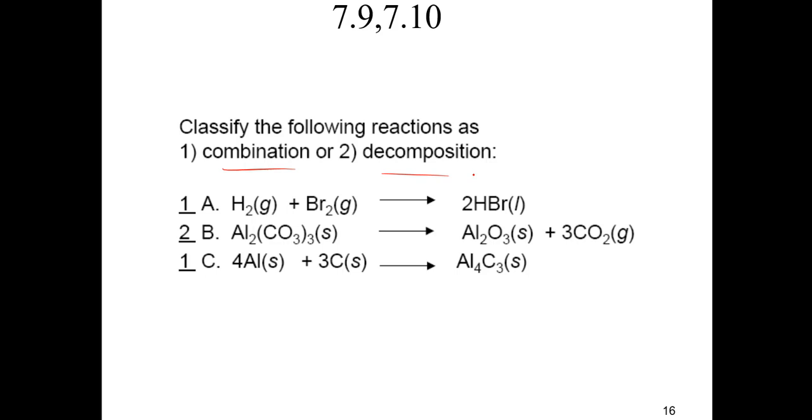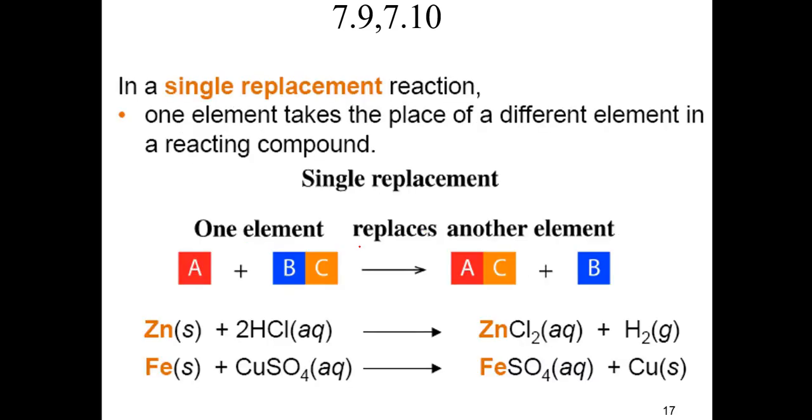So here are some sample questions. First one is a combination. Next one is a decomposition. Now, a little bit more tricky. What we're going to do is we're going to replace a single element or species within a compound.